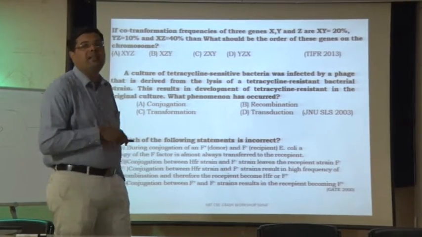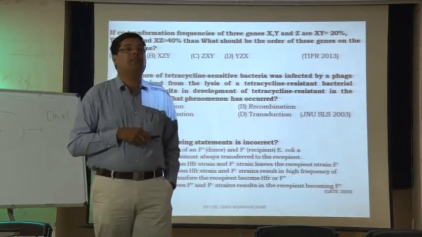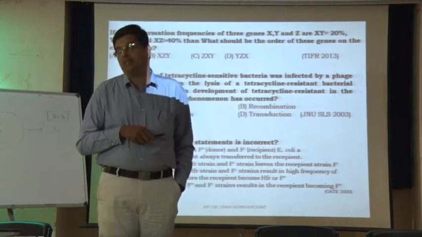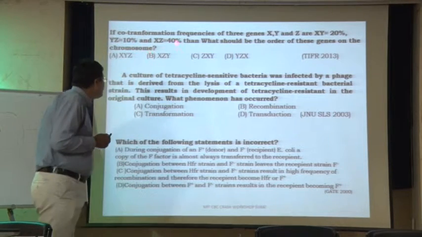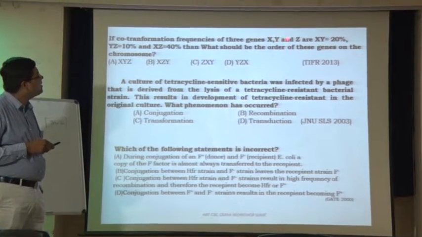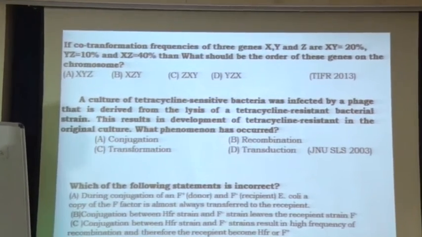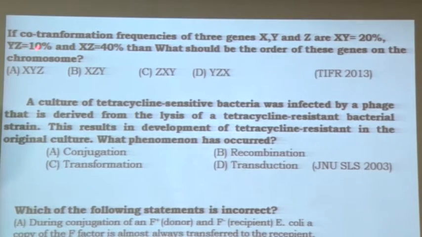ये जो मैंने आपको बात की थी, how to map the genes on the basis of co-transformation, co-transduction और co-conjugation frequency of different genes. क्या पूछा है? That if co-transformation frequencies of 3 different genes X, Y and Z are, co-transformation frequency of XY is given, that is 20%, YZ 10% and XZ 40%.